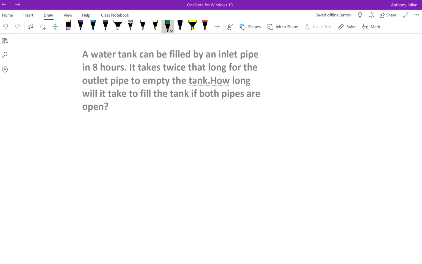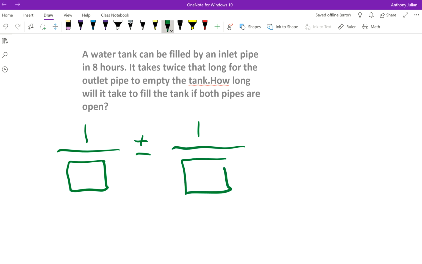As in the examples I gave in the other video lecture, it's going to be 1 over something plus or minus 1 over another something. That's going to equal 1 over x.